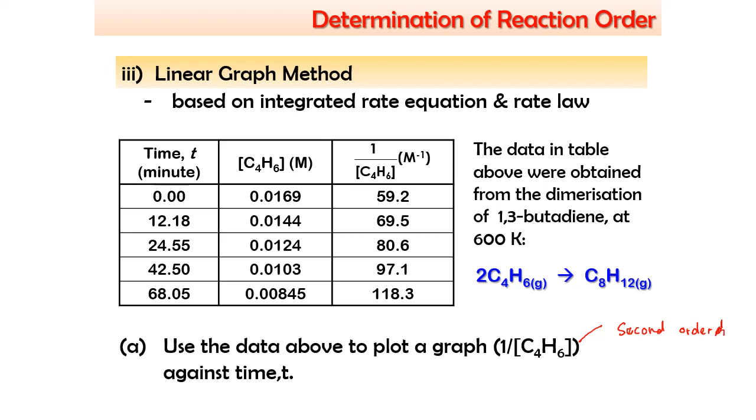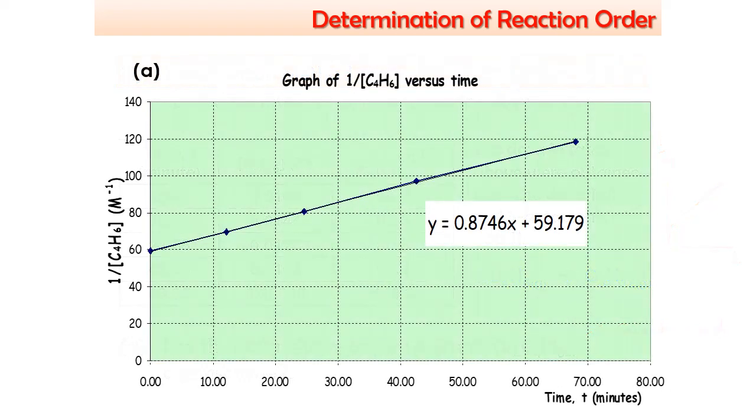So your graph will be 1 over concentration against time, and then your linear graph ataupun line will be upwards like this. Okay, so if you plot your graph, you will get like this.